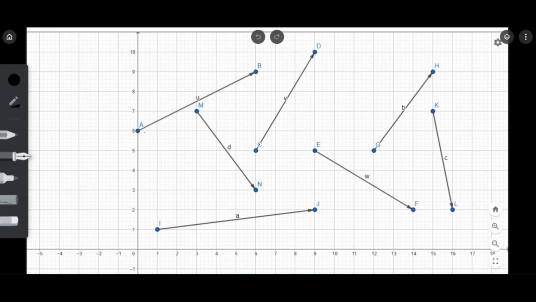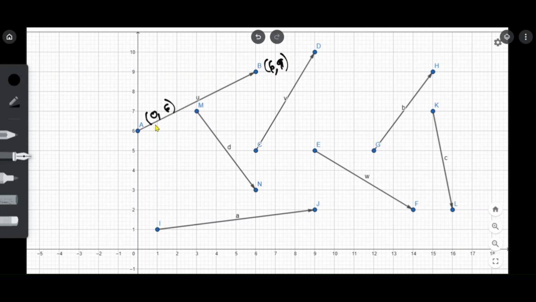So let me get the coordinates of A and B. The coordinates of A will be 0 on the x-axis, but y is reading 6, so you have 0, 6. For B, the value of x is 6, and the value of y is 9.